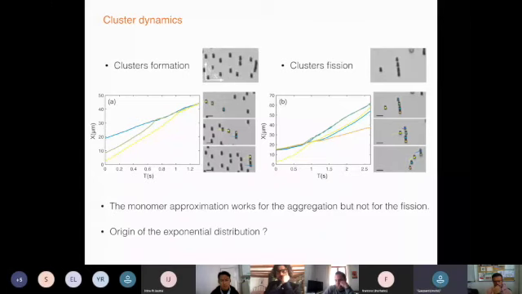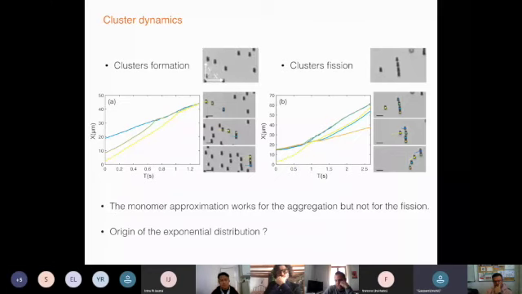So basically here you have a single monomer, and then a second one aggregates, and later a third one completes the cluster. So here the monomer approximation works, so you aggregate one by one.